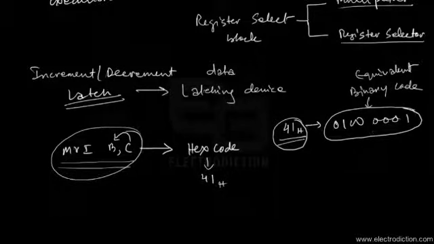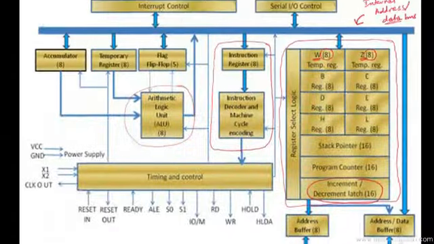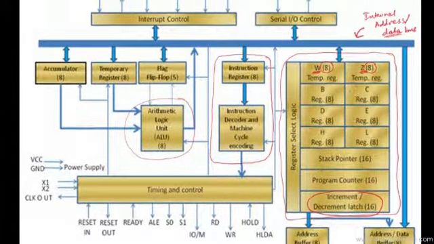It is meaningful to the 8085 microprocessor. Whenever it receives this code, it activates the corresponding circuits inside itself, and that way it executes the process of data copy from register C into register B. That's how it executes this particular task.